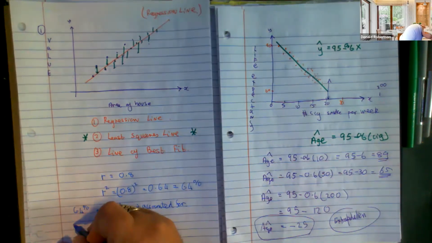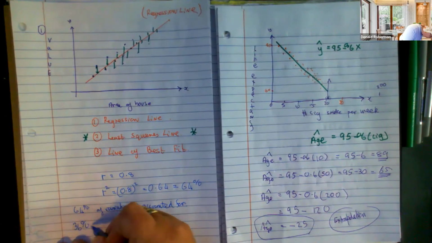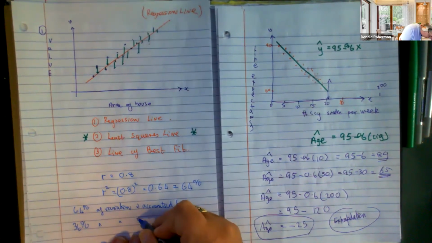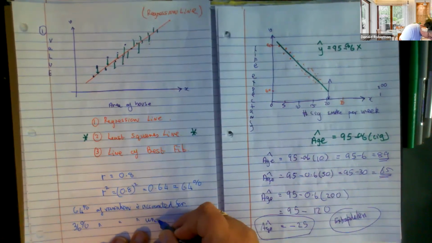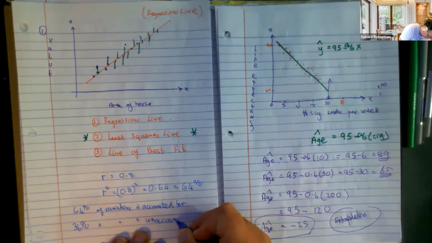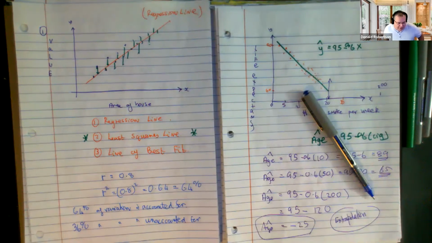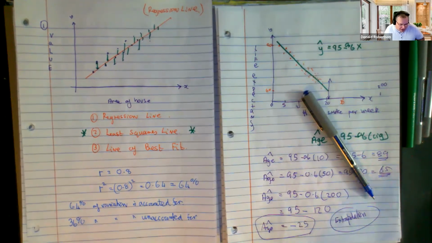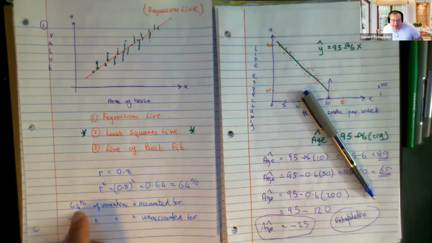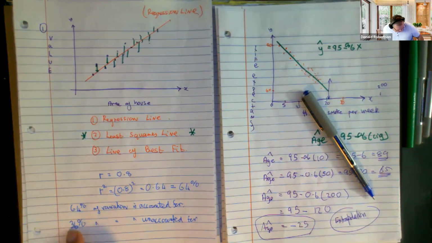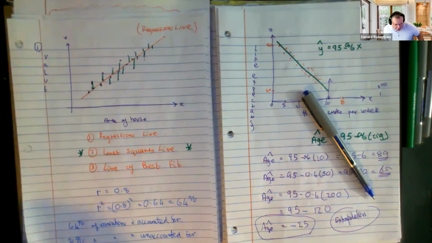Now, the opposite of that is 36% of the variation is unaccounted for. So if I was trying to put that into layman terms, I would be saying something like, the price of your house, 64% of it is because of how big it is. And the other 36% is for other things.